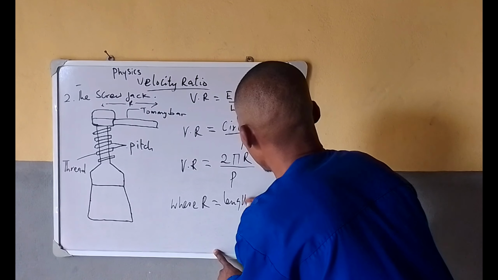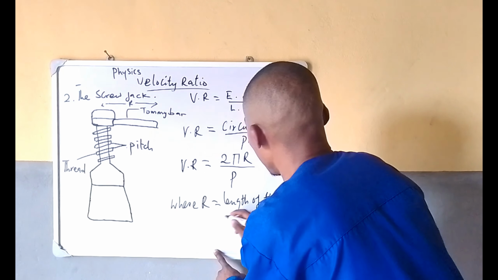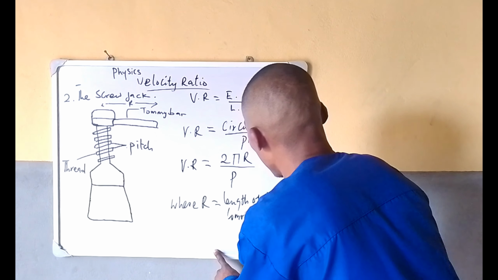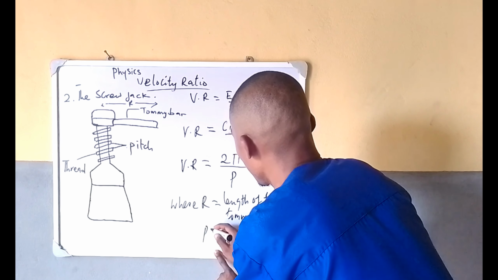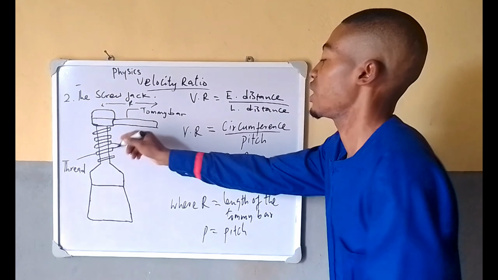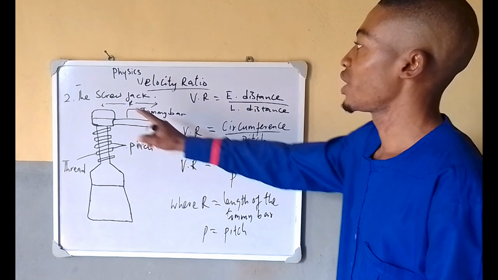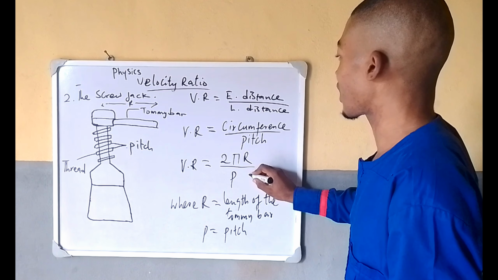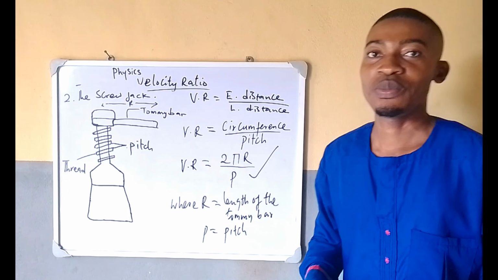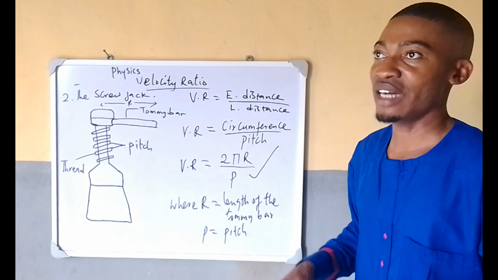Length of the tommy bar, and p is equal to what? Pitch. We have told you what pitch is. Distance between two threads. So velocity ratio of this machine called the screw jack is equal to 2 pi r over p. So we'll go over to the next machine now.